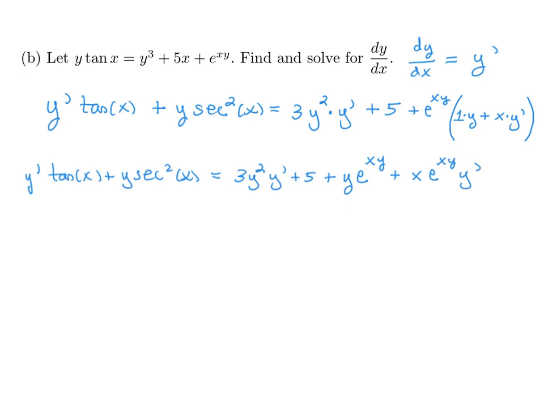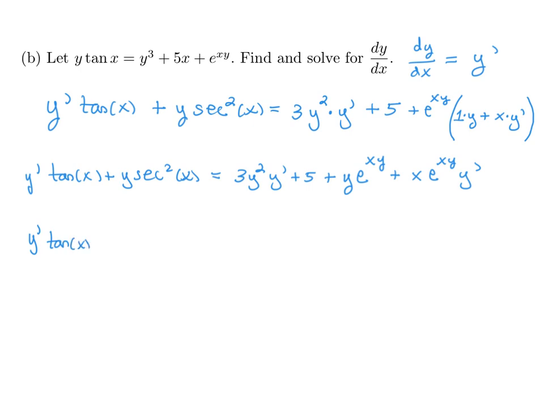Okay, the next step. There's a y prime here, here, and here. I'm going to have all those on the left. I'll subtract this and subtract this to both sides. In the very same step, this does not have a y prime. I'm going to subtract it to the right side of the equation. If I do this all in a single step, I have y prime times tangent of x.